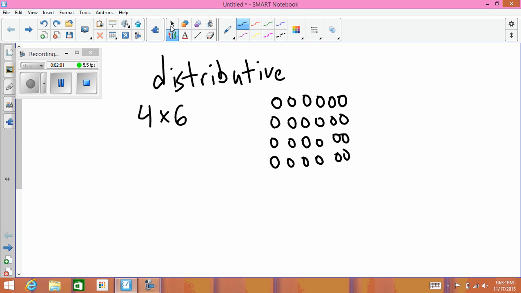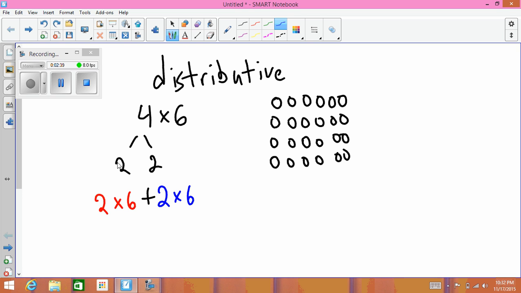Okay, now what distributive property says we can do is take one of our factors here and break it into 2 numbers that make that factor. So for example, I can take 4 and make it into 2 and 2, because 2 plus 2 is 4. Now distributive property says I can take this multiplication problem and rewrite it as 2 times 6, I'm pulling the 6 in here, plus 2 times 6.